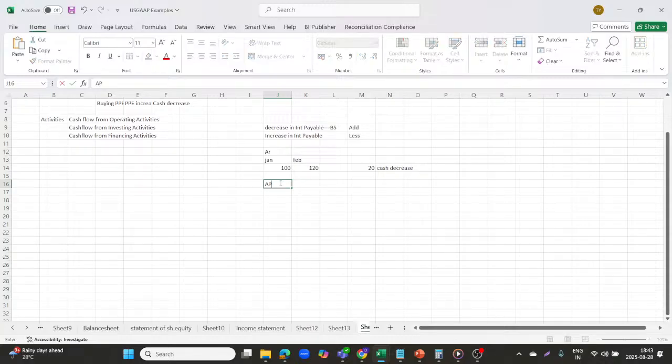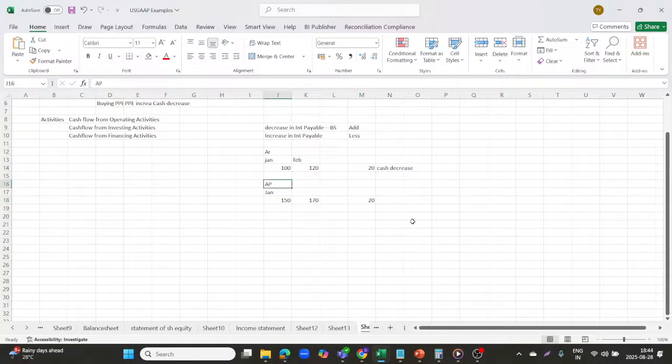And similarly, if you talk about accounts payable, suppose in Jan it was 150 and in Feb it increased to 170. Again, there's an increase of 20. So will it lead to cash inflow or cash outflow? If accounts payable increases from 150 to 170, that means we have purchased more, but not on cash, we have purchased on credit.